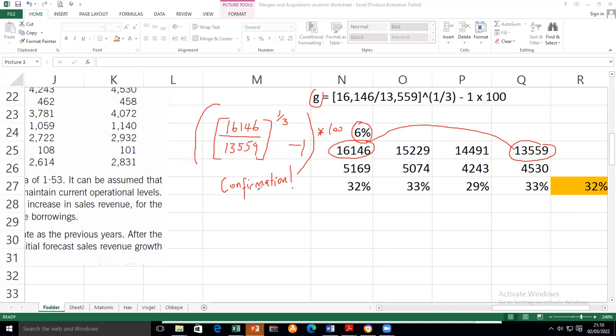Second, our operating profit margin. Let's check our operating profit margin every year. And that's the same figure that we're going to use, the average figure.